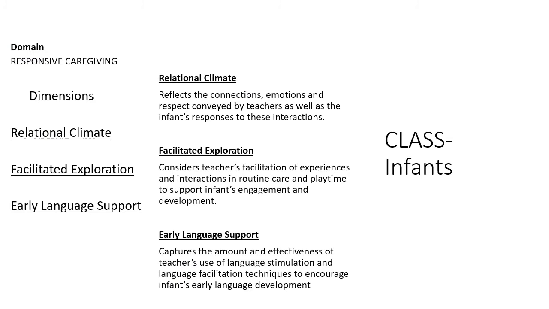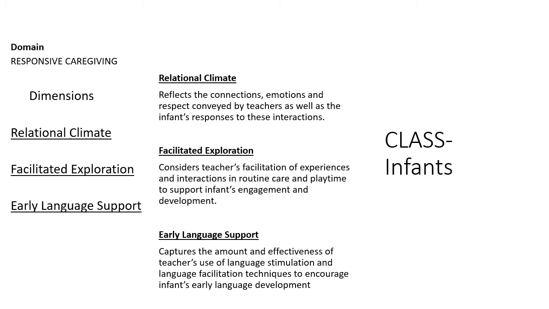Okay, remember I told you about domains and dimensions? This is the tool for infants, and they do have one domain, and it's called responsive caregiving. Within it, we look at 3 dimensions: the first one is called relational climate, and then facilitated exploration and early language support. The relational climate reflects the connections, emotions, and respect conveyed by teachers, as well as the infant's response to these interactions.